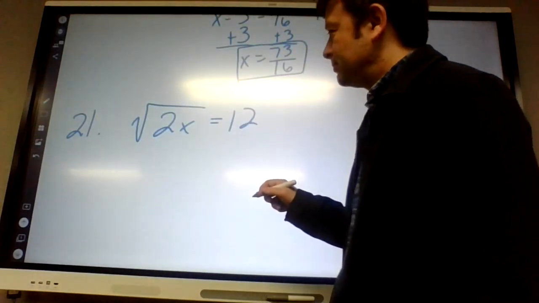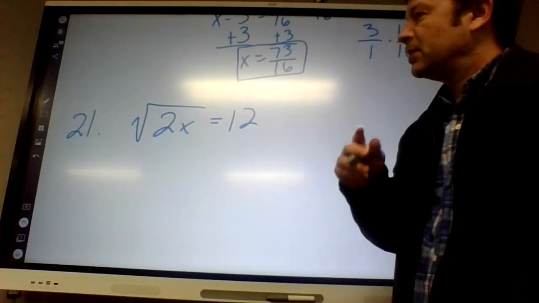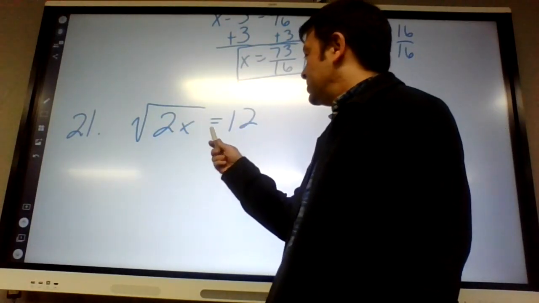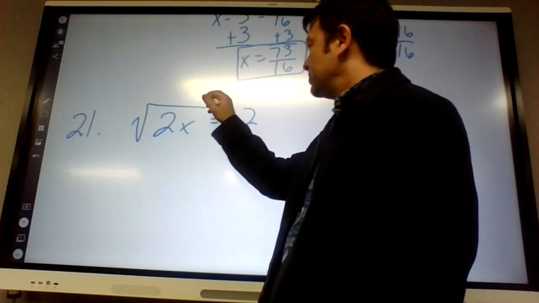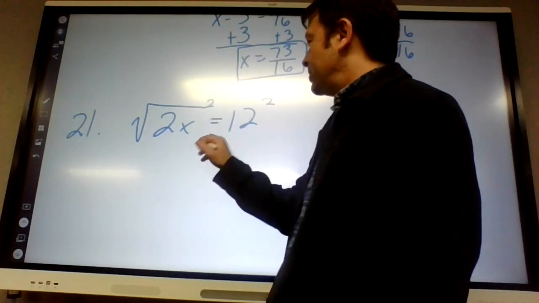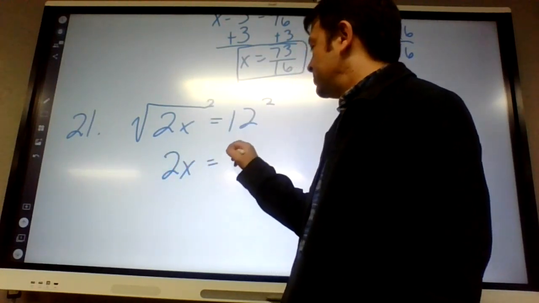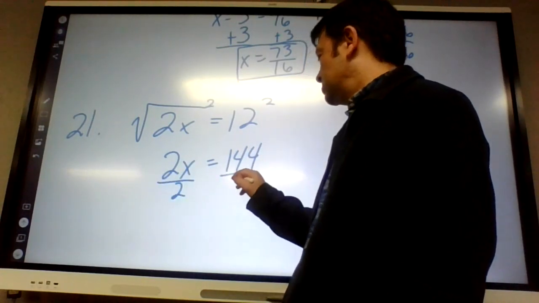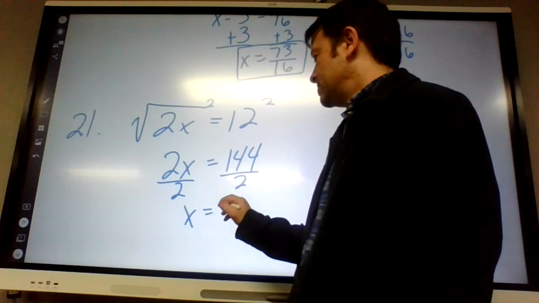You guys get it? Twice the number just means 2 times the number. Square root of that equals 12. So square 2x equals 144 divided by 2. 72.